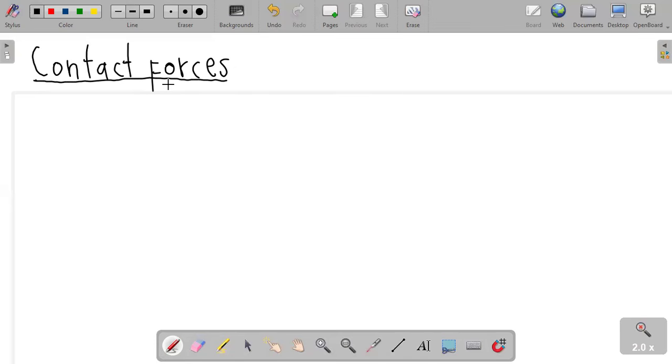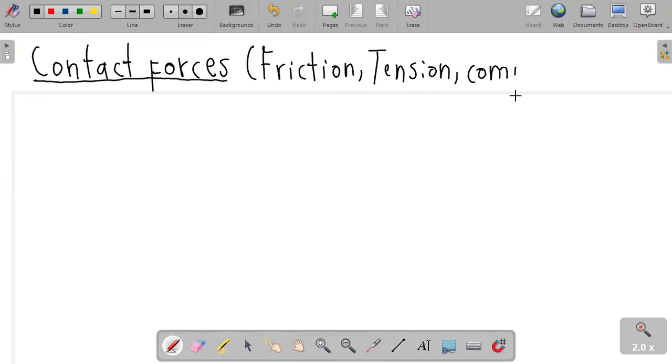The types of contact forces that we're going to look at are friction, tension, compression, and normal forces.